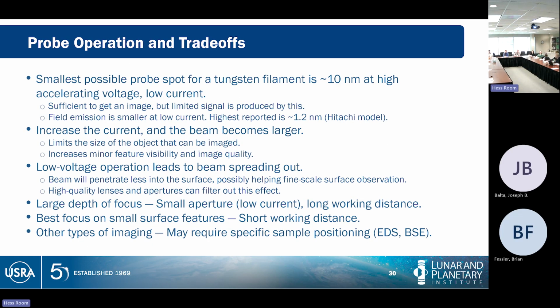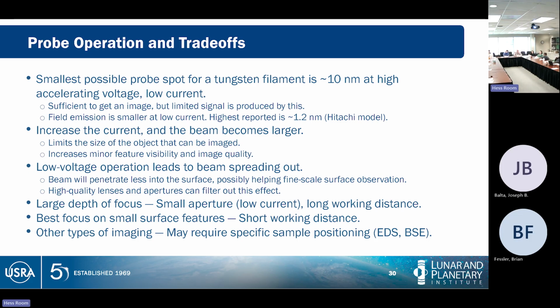Okay, so now we've set up this big wordy chart. We've gone through the lenses, the current, and the beam. Getting an image, and a high quality one, will be a function of our settings. Different types of settings produce different responses. So, with a tungsten filament, the smallest possible spot I can get is 10 nanometers.